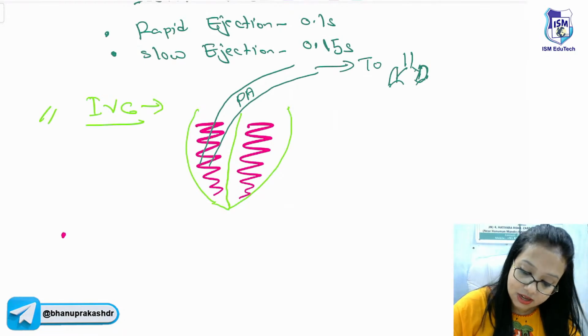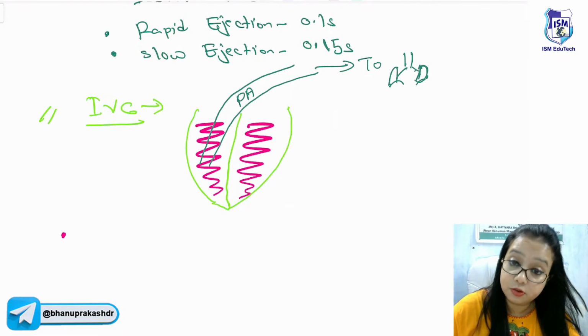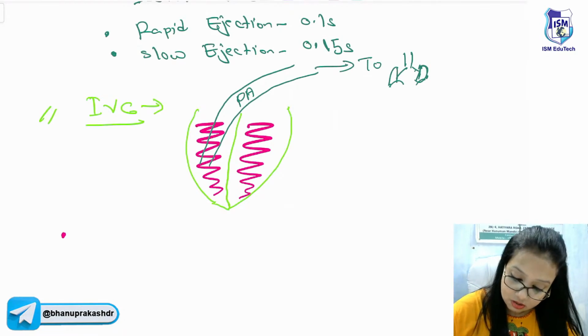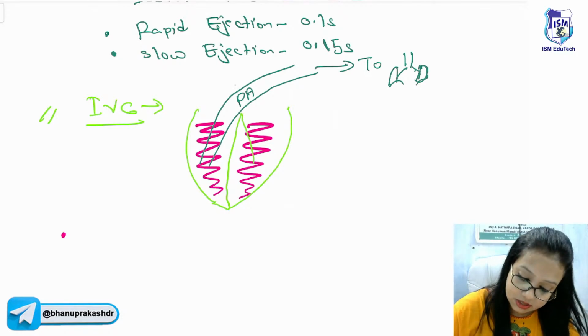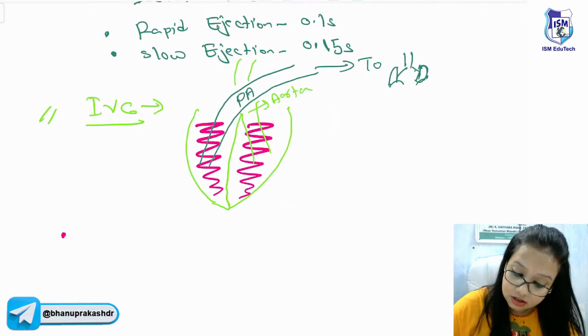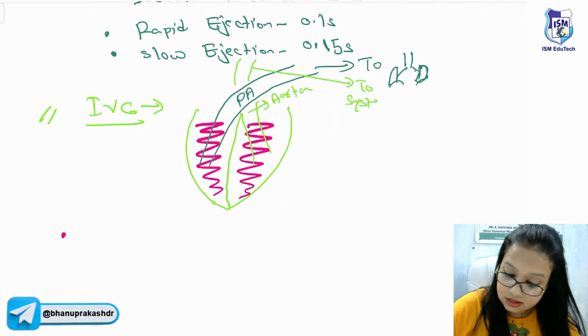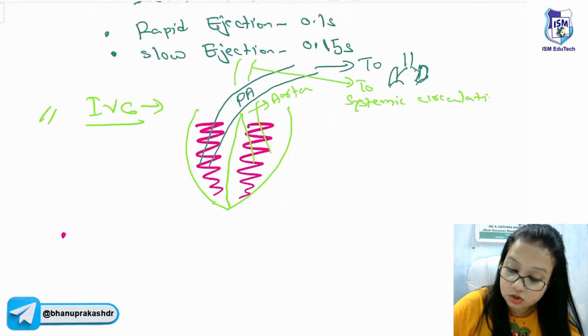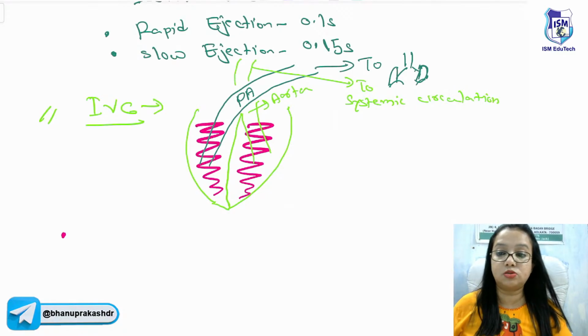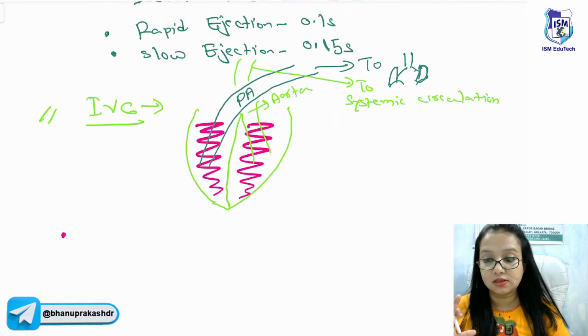Now, from the left ventricle, where is it pumping out? It is pumping out via the aorta to where? To the systemic circulation, to the periphery. Means all the structures from head to toe, including the heart itself.